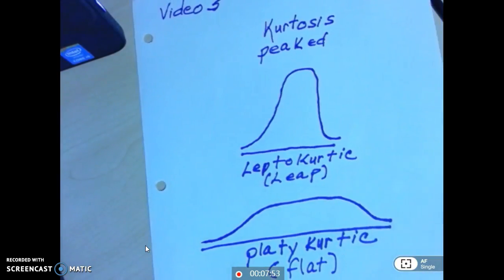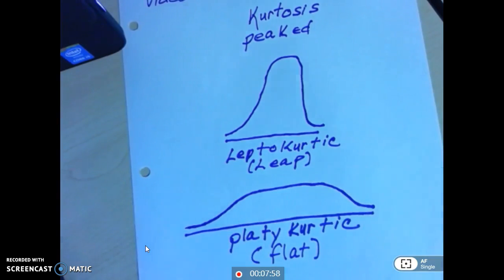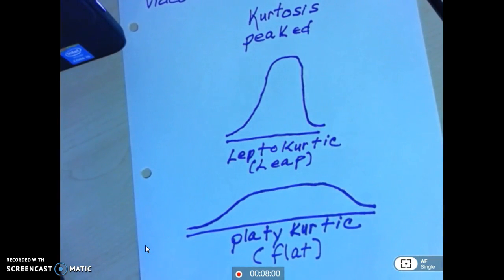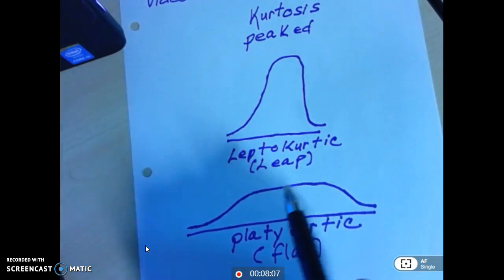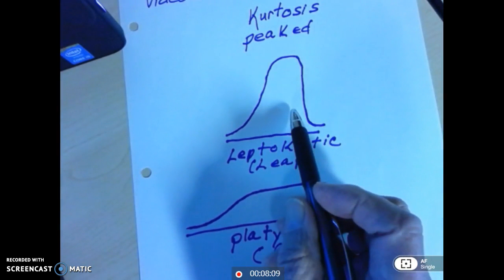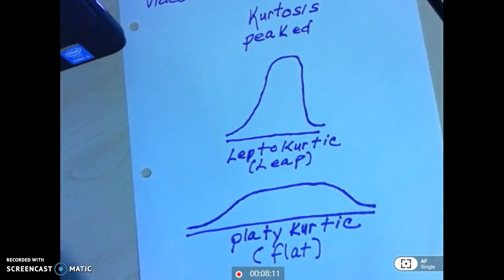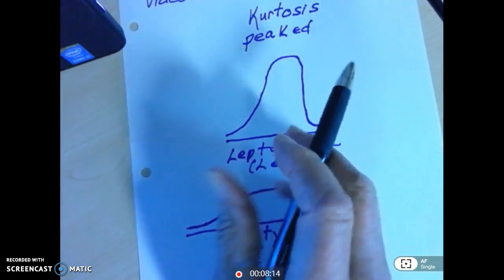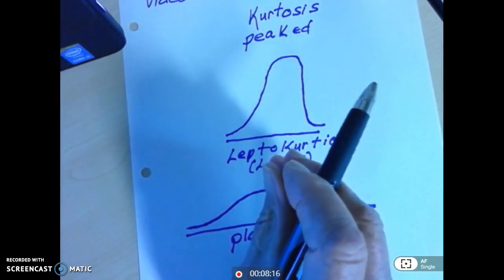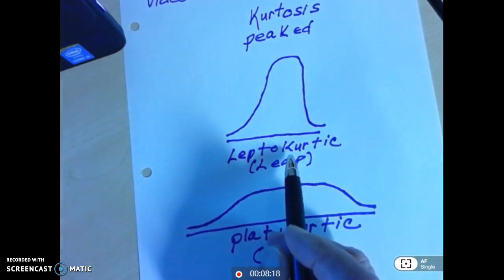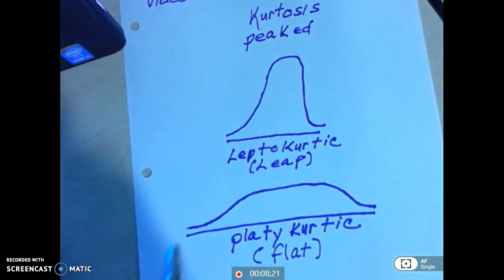Then for our next curve, we have kurtosis. The two words that we want to remember here are kurtosis and skewness. This here is a peaked curve, which means that your standard deviations will be closer together. It is called leptokurtic. Remember that our normal curve is meso, meaning in the middle.